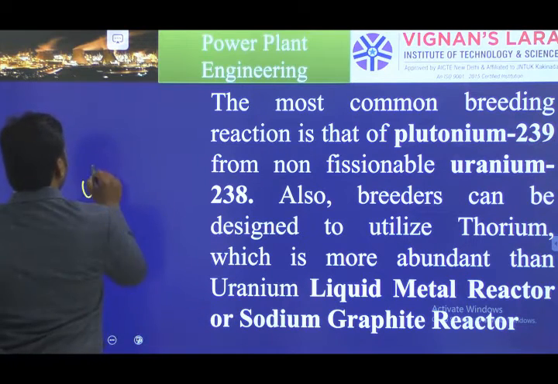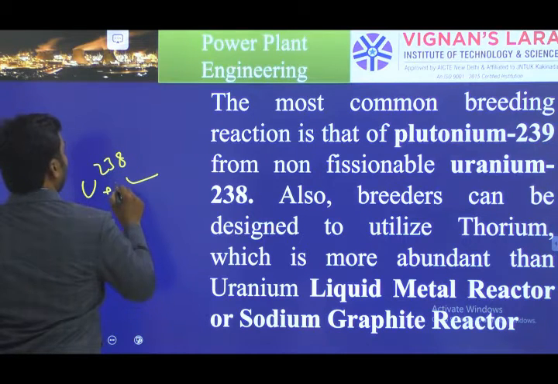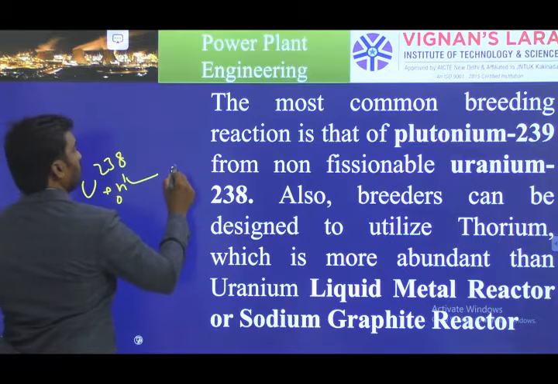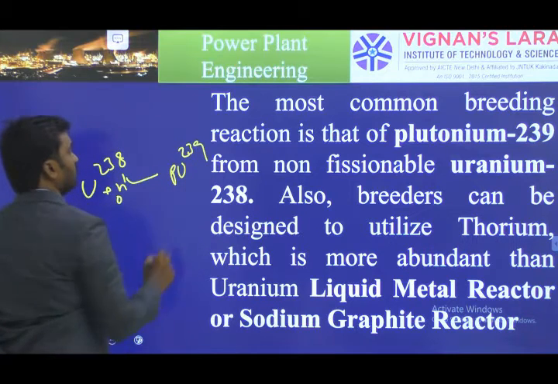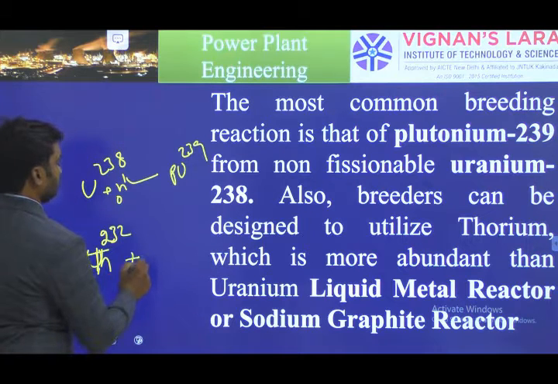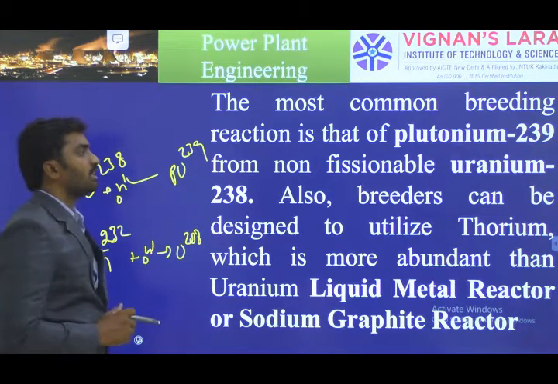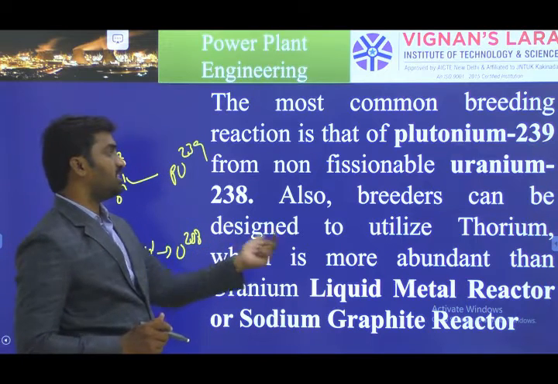Uranium-238, after taking one neutron, is converted into plutonium-239. Similarly, thorium-232 is converted into uranium-233 by absorbing neutrons. So these are the reactions that take place here.